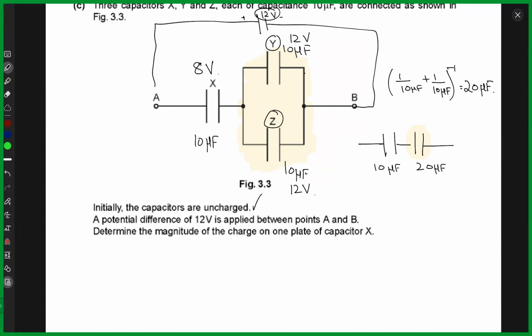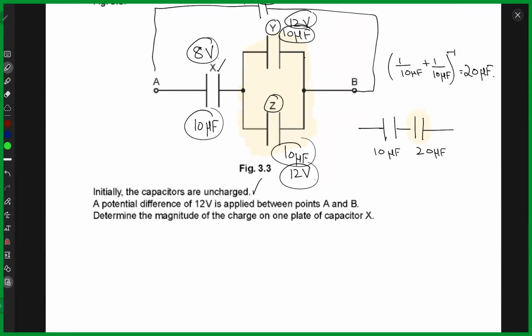Now, if I have the potential difference across this capacitor, then I can easily figure out the charge, right? And I want to figure out the charge across X. So I can just use these values for X, because I know that capacitance was defined as charge divided by voltage. So charge is just C times V. And the capacitance for the X capacitor is 10 microfarads, and the voltage is 8.